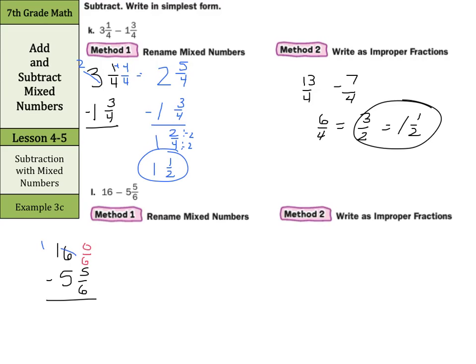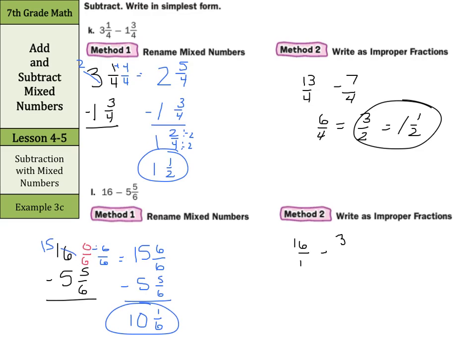So we can borrow, reduce that by 1, add our sixths to it, and you get 15 and 6/6 minus 5 and 5/6. 6/6 minus 5/6 is 1/6, and 15 minus 5 is 10. So 10 and 1/6.